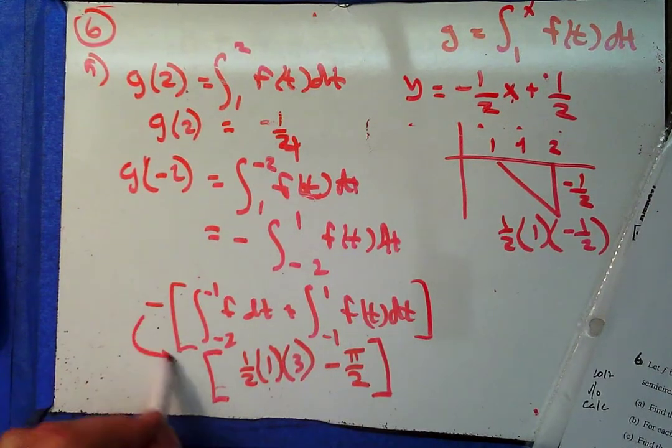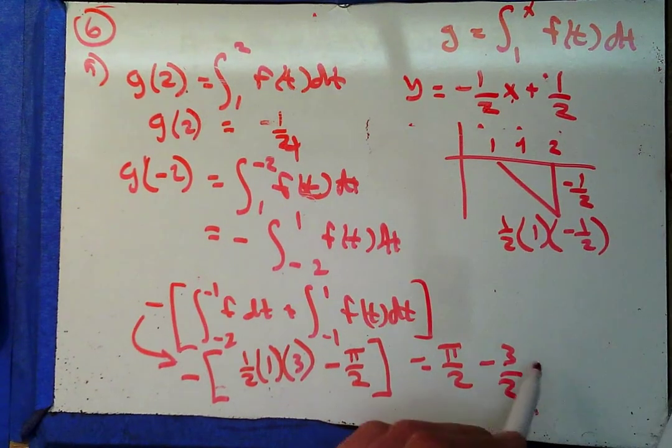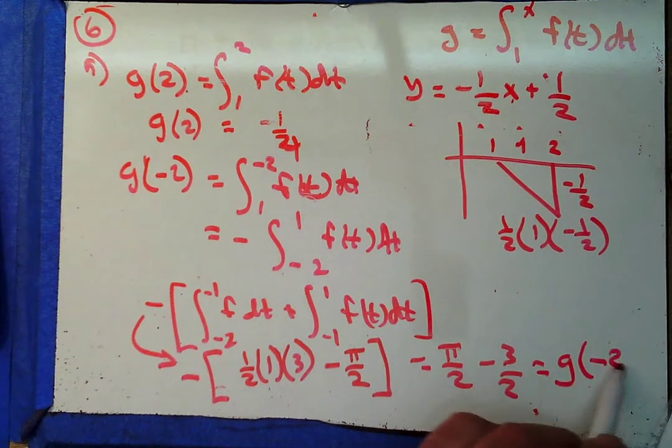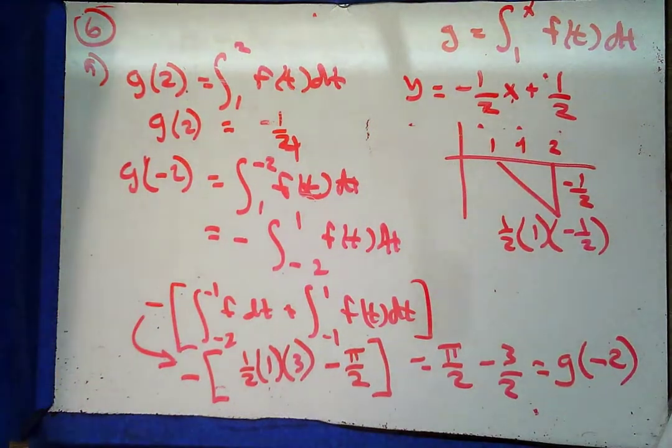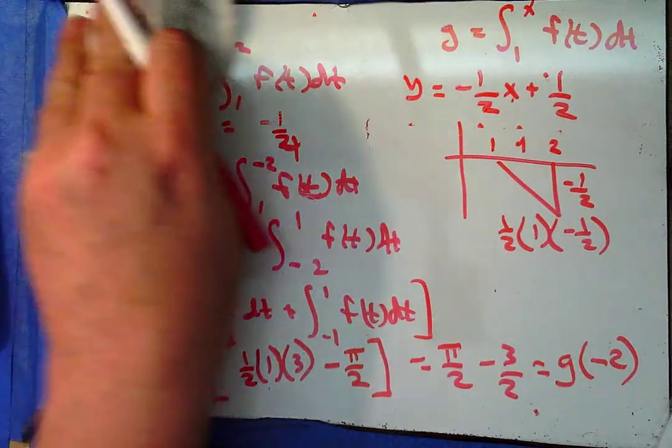And remember, there's that minus out in front. So when I distribute that minus, I get pi over 2 minus 3/2 as my value for g of -2. Okay, there's 6a. What about 6b?